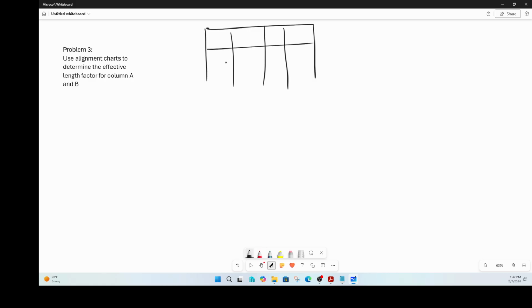And there are a bunch of columns and beams, right? And your bottom column is fixed, right? So this particular column here is column A, and let's call this column as column B.